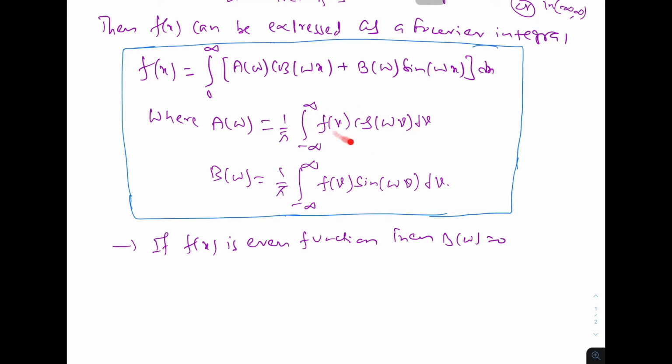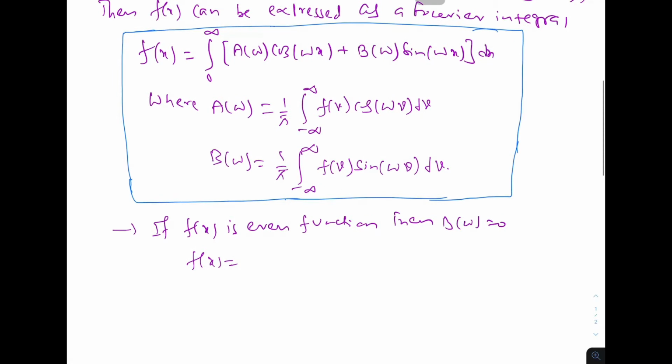So we write f(x) is equal to integration 0 to infinity of A(omega) cos(omega x) d omega.